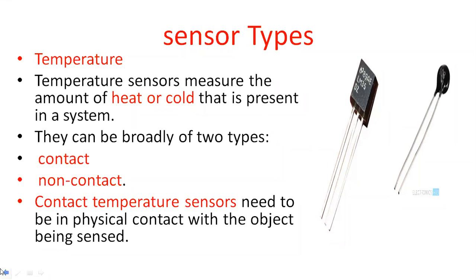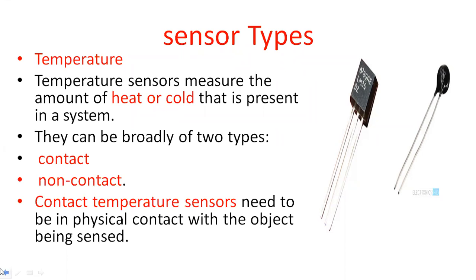The temperature sensor measures the amount of heat or cold present in a system and converts it into digital format, and sends the data to some other device, useful for humans or for other purposes.